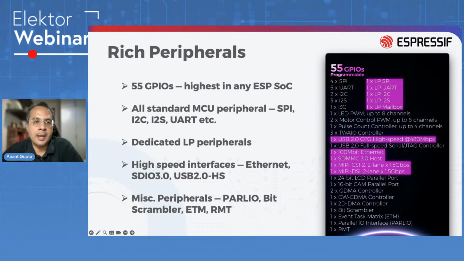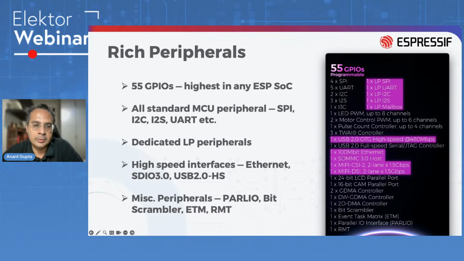Apart from that, we have a lot of other peripherals. We have 55 GPIOs, which is the highest in any ESP SoC to date. We have all the standard microcontroller peripherals like SPI, I2C, I2S, UART. As I mentioned before, we have dedicated LP peripherals like SPI, UART, I2C, I2S, mailbox, GPIO.